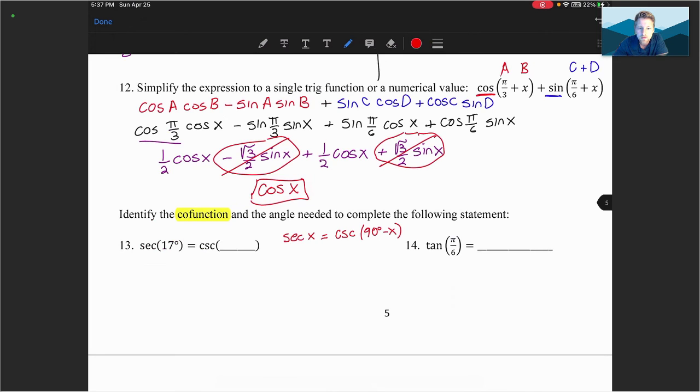If it's an angle in degrees, we can measure that as our cofunction identity. So if x is equal to 17, we know that 90 minus 17 is going to give us 73. That would be right, 73. So secant of 17 degrees is the same as cosecant of 73 degrees. Again, based on that identity.